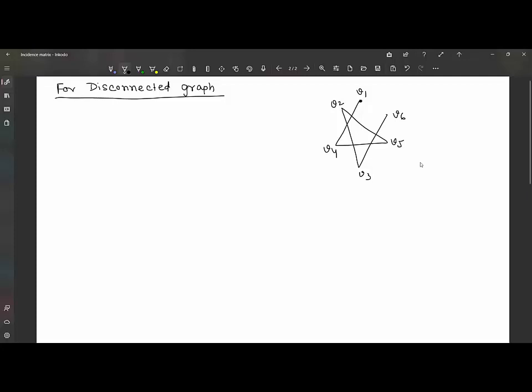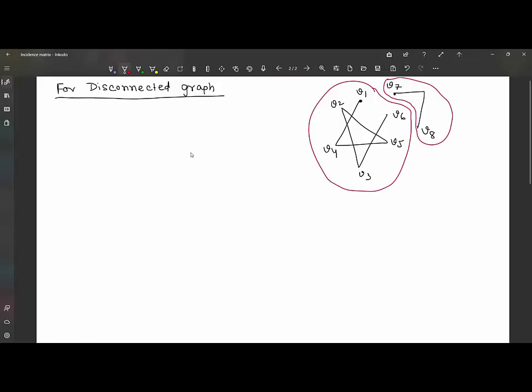But if we draw this graph in this way, with another part, suppose v7 and v8, then you can see that you can't go from v1 to v7, or from v4 to v8, or from v3 to v7. You can go from any vertex within this part to another vertex in the same part, but it is not possible to go from this portion of the graph to that portion of the graph.